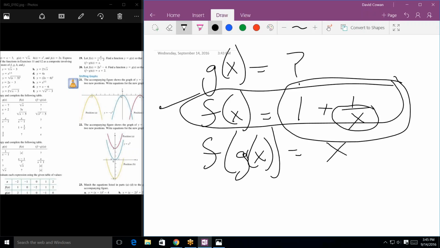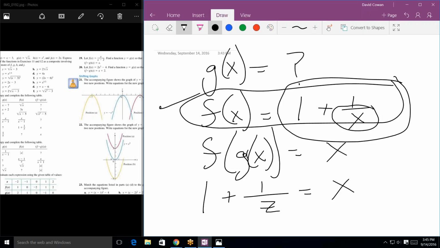Yeah, that's an interesting one. It is. Let me think about this for a second. Since you have 1 plus 1 over x, what I really am trying to solve is this equation. Let's call it z. What does z have to be so that that is true?